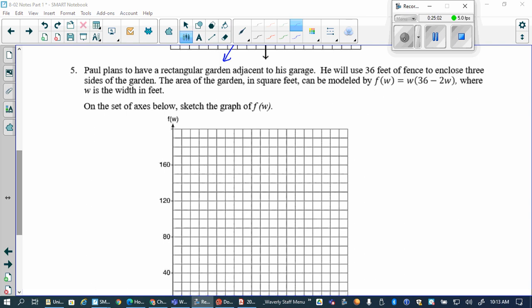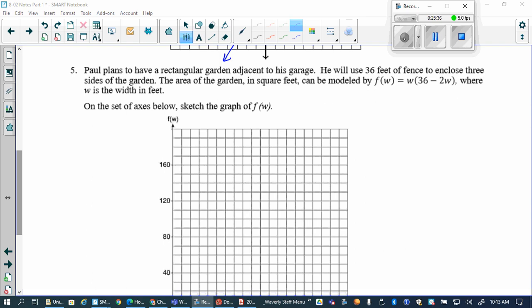Is this function going to be a quadratic function? Why not? What makes a function quadratic? Look back to 8.1. Just flip back, everybody. What's the highest exponent? 2.